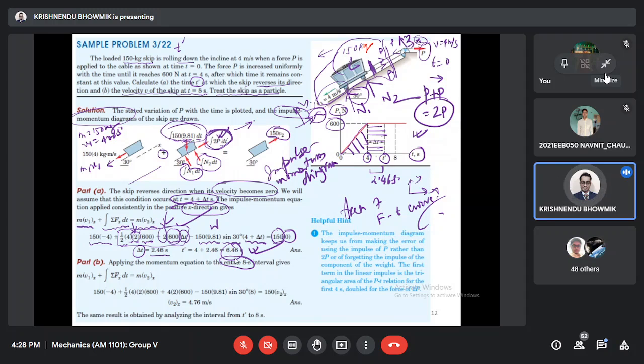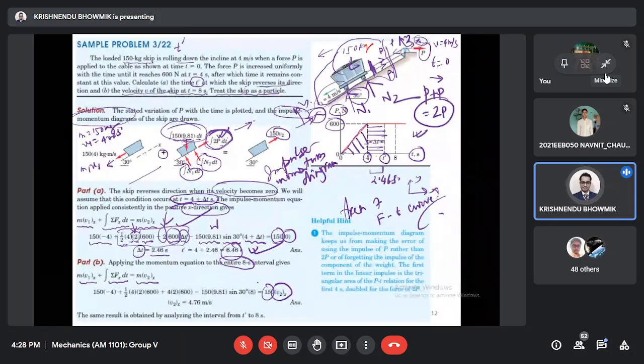So what I'll do, let's say from the beginning itself, t equal to 8. Applying the x direction similarly, m v1x plus the impulse of F dt equals m v2x. Maybe here we can consider this is 150, let it be, this is the unknown.